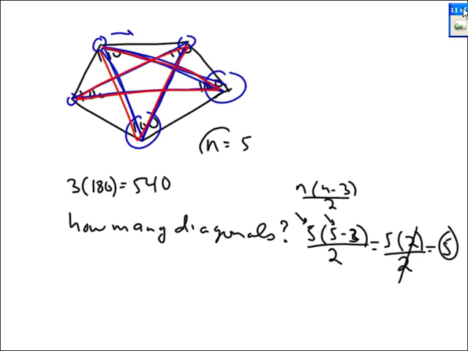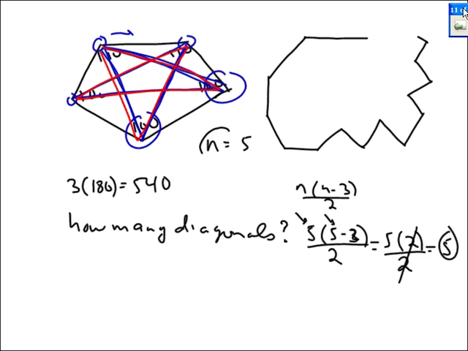I'd rather use the formula because if n is 25, if you have a 25-sided figure, first of all, try drawing a 25-sided figure. 1, 2, 3, 4, 5, 6, 7, 8, 9, 10, 11, 12, 13, 14, 15, 16, 17, 18, 19, 20, 21, 22, 23, 24, 25.